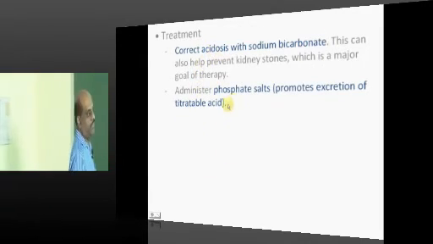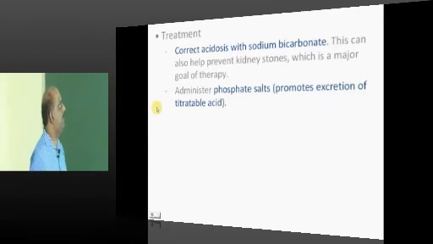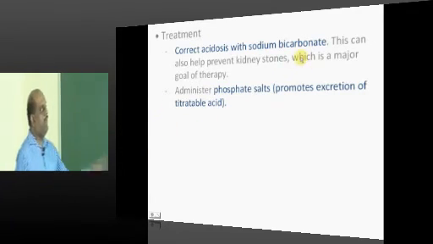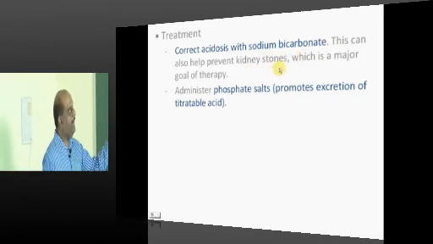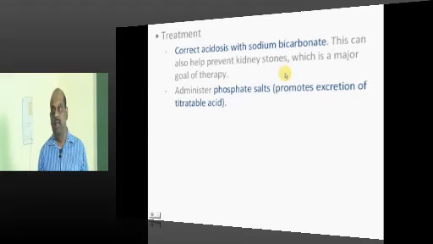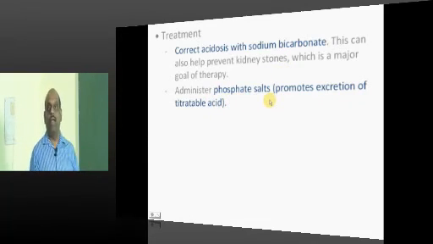How do you treat? The acidosis should be treated by giving bicarbonate, and giving bicarbonate will also prevent them from developing kidney stones, and they need to be given phosphate salts. Why?